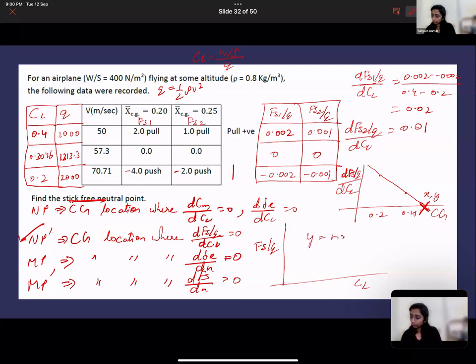Another way is y2 minus y1 by x2 minus x1 equals y3 minus y1 by x minus x1. Do you know this equation? Can you find out now?